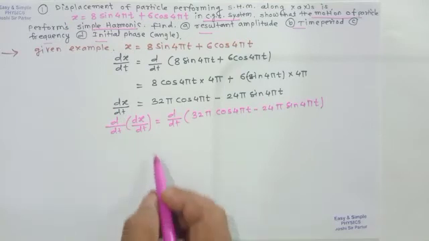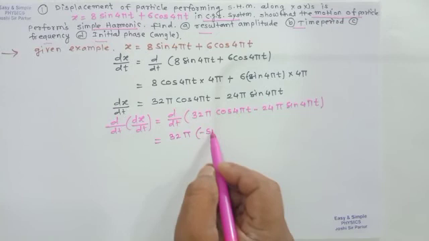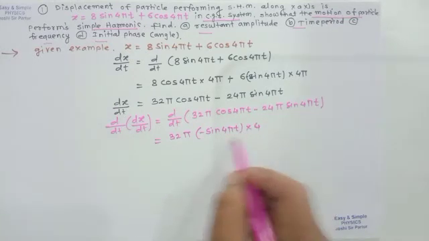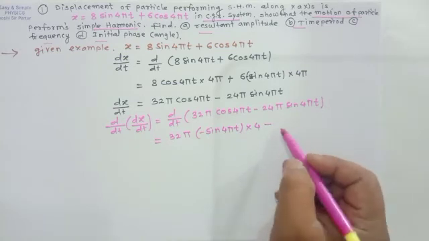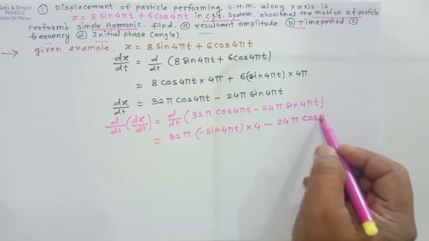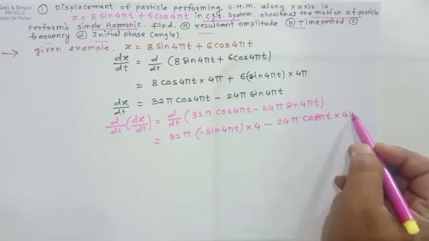See here, 32 pi minus sine of 4 pi t into 4 pi minus 24 pi cos of 4 pi t into 4 pi.